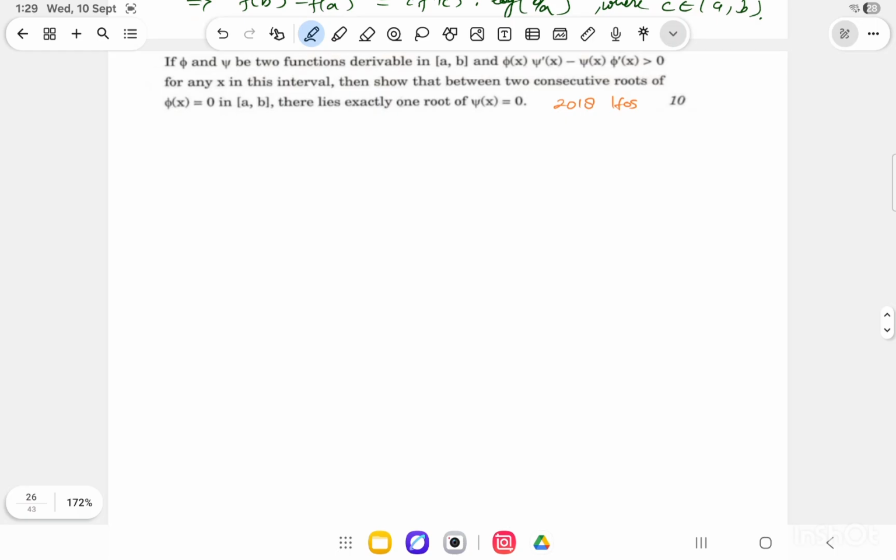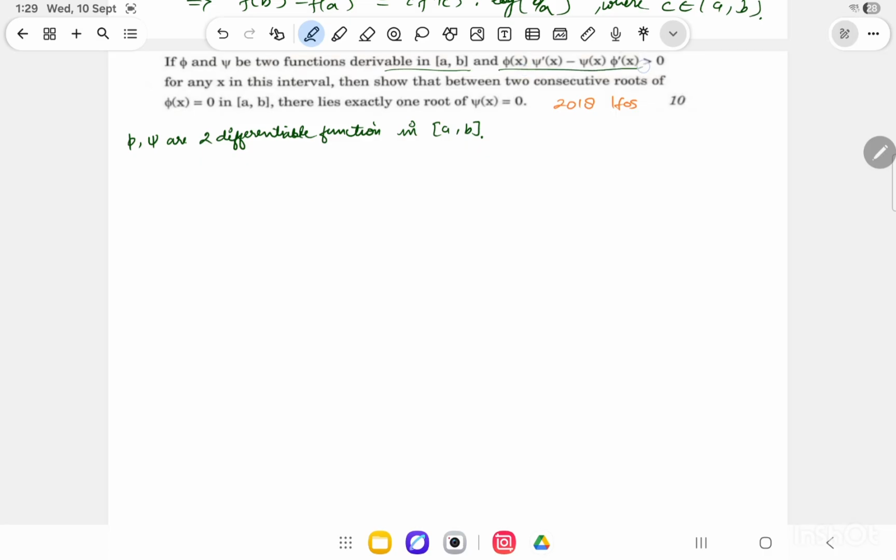The next question says that phi and psi are two functions derivable in (a, b). So it gives us that phi and psi are two differentiable functions in the closed interval [a, b].